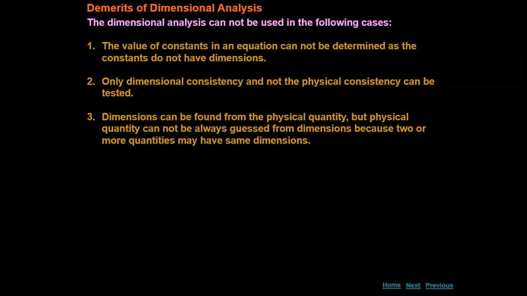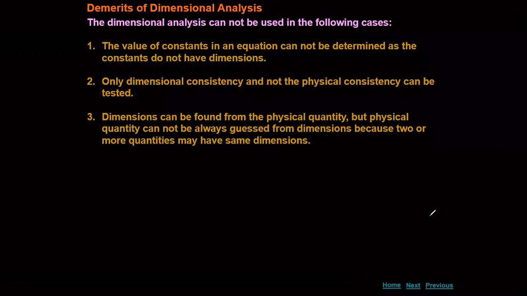But if we see some other dimensional formula, like MLT to the power of minus 1, by using this dimensional formula we can say it is the dimensional formula of momentum, so the physical quantity is momentum.